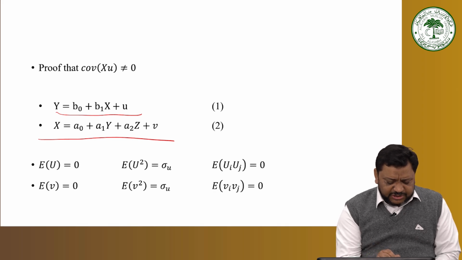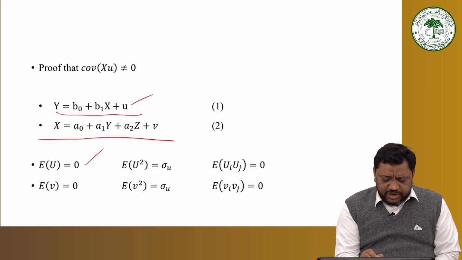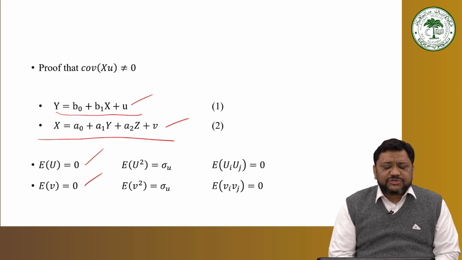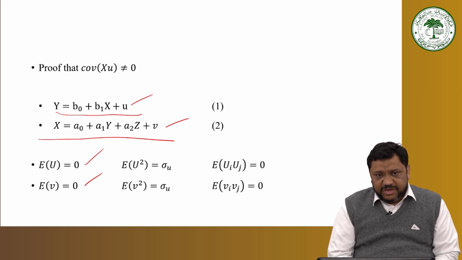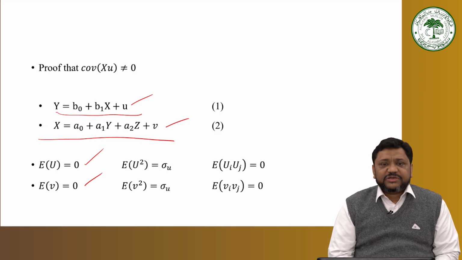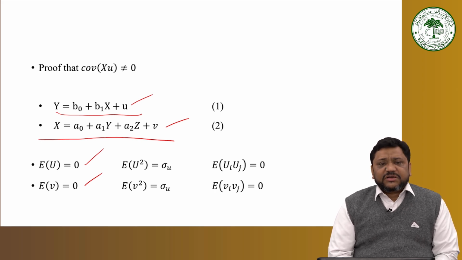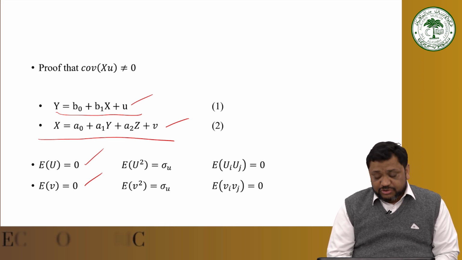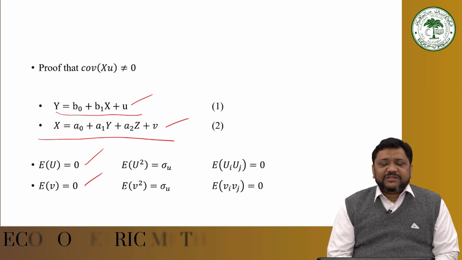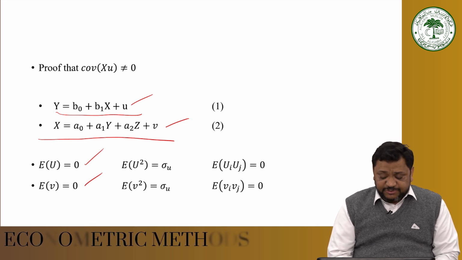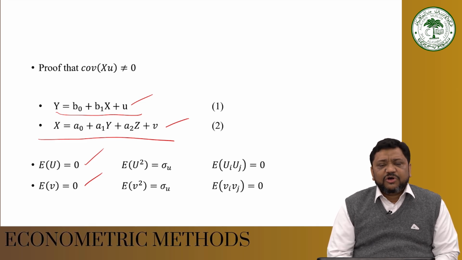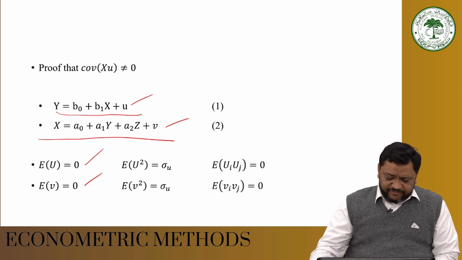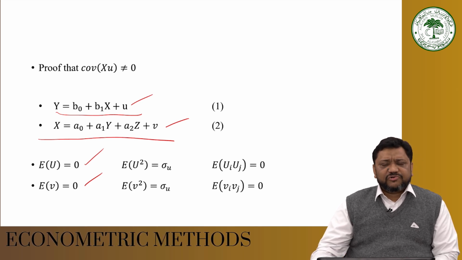Now the expected value of U is equal to 0, the expected value of V is also equal to 0. The expected value of U square is equal to sigma square, that is the variance is constant, and the expected value of V square, that is the variance of the error term V in the X equation, is sigma V, which is also constant. And we also assume that the errors are not related, that the expected value of Ui Uj is 0 and the expected value of Vi Vj, that is the consecutive error terms, are not related with each other.